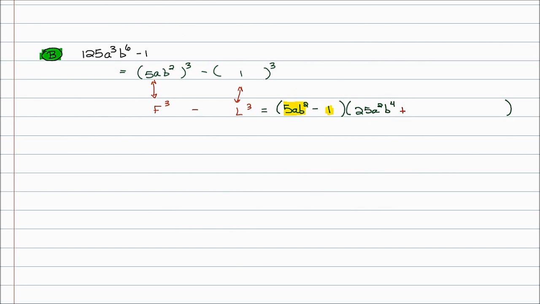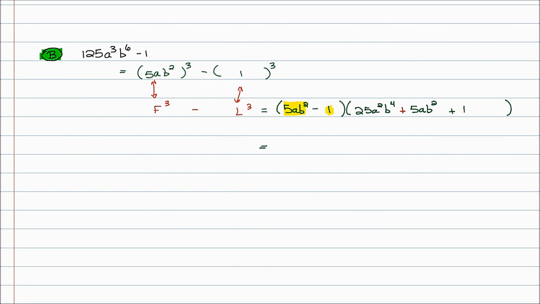And now I'm just going to multiply these two highlighted, the first and last term. So 5ab squared times 1, or in other words, 5ab squared. And finally, it's always plus, and then the last object being squared is 1 times 1, or in other words, just 1.